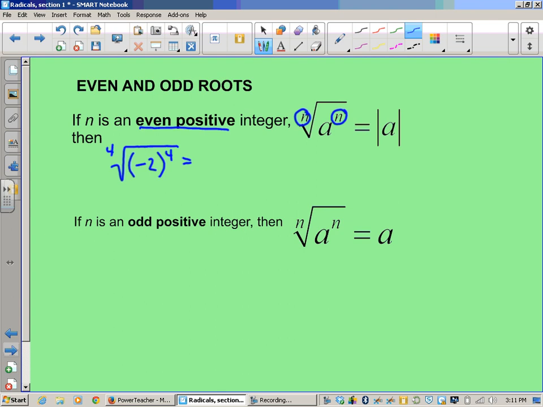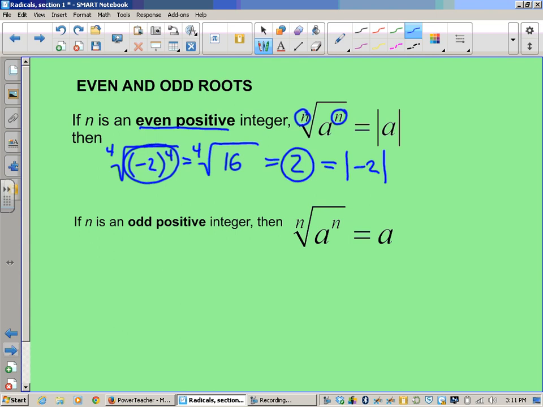Now, we don't deal with 4th powers and 4th roots all that much, but we can deal with it here because I gave you a nice small number here. Negative 2 to the 4th is 16. I want the 4th root of 16. This is one of the 4th roots that you should be able to do in your head. The 4th root of 16, that's 2, which is the same as what we had before, which is the absolute value of negative 2. So that's how that rule works.